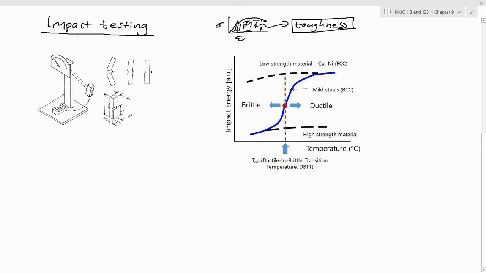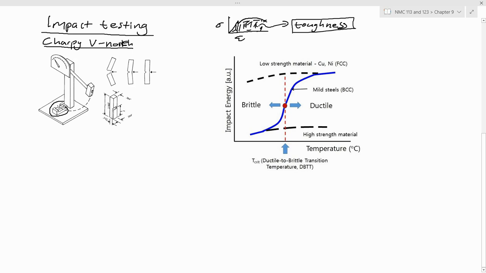So the Charpy impact test was invented. This is the Charpy. The one that's used mostly is the V-notch. In the Charpy V-notch type of impact testing, the material is orientated in this way and fixed to this base, and then there's a hammer.